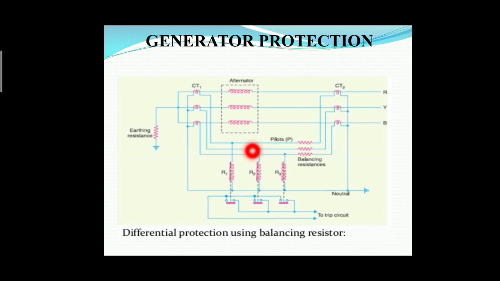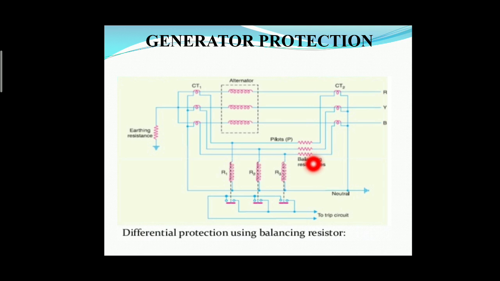The CT1 secondary and CT2 secondary will be connected by pilot wires and also the balancing resistance. By adjusting the balancing resistance, both the CTs will be balanced together.